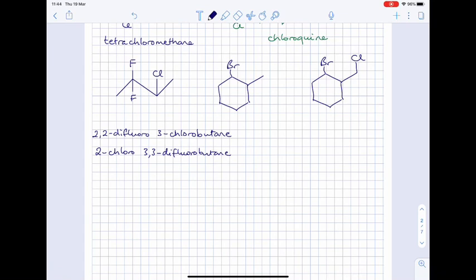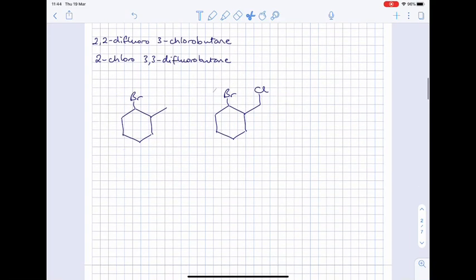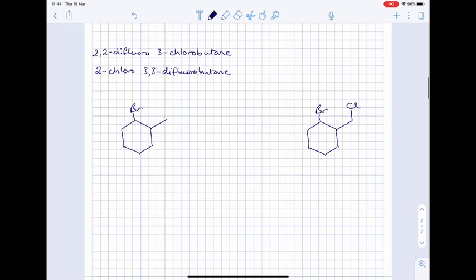The next one on the right here, I'm going to move these. The next one is based on cyclohexane, and there's a methyl group here, and there's the halogen, there's the bromine.